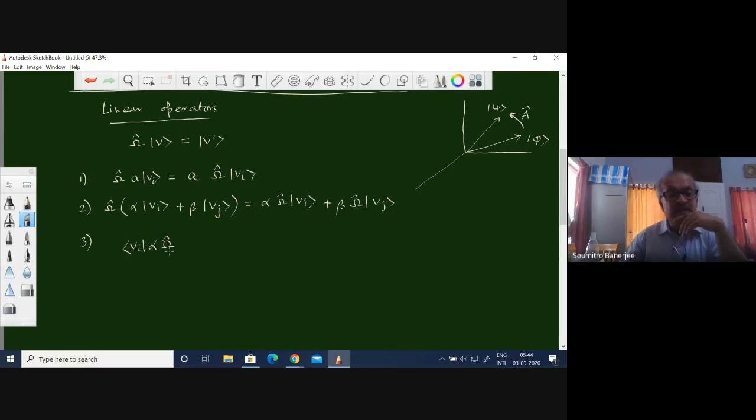I could have written this way, but essentially in case of bra, you have to think from the right. That is equal to, alpha can be taken out. It is vi, omega operates on that, and alpha, the number, can be taken out. The number can be real or complex, it doesn't matter.